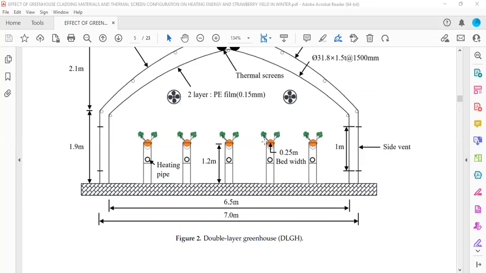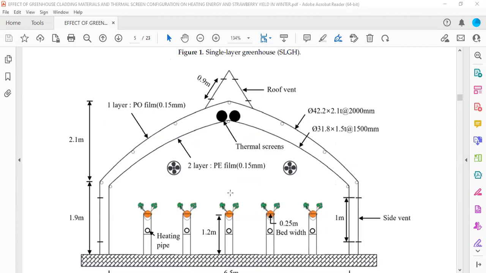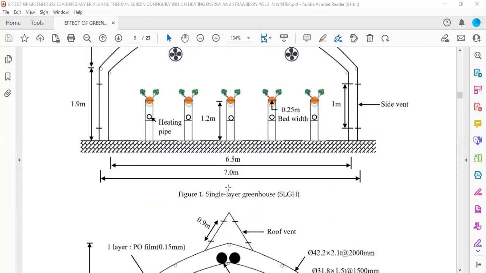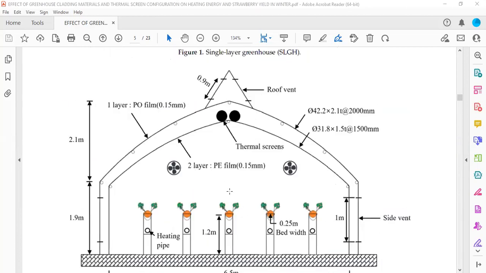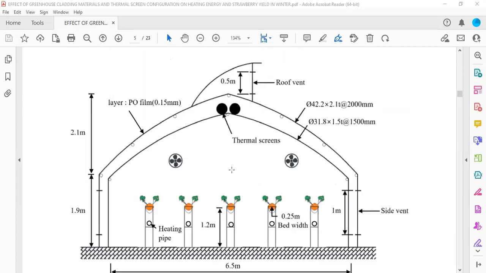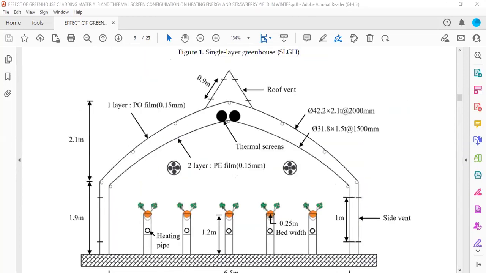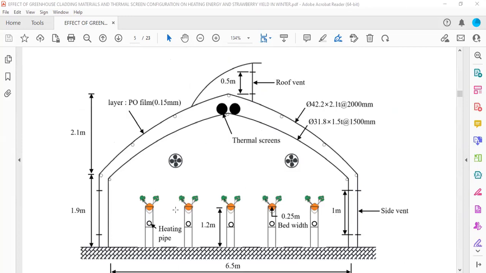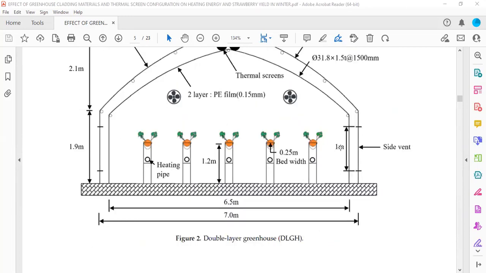Please answer me. Which of them? Is it this one? Why will this one have a better environment than this one? Someone says because the greenhouse has more intake of air. But the side vents are the same, the same 1 meter.